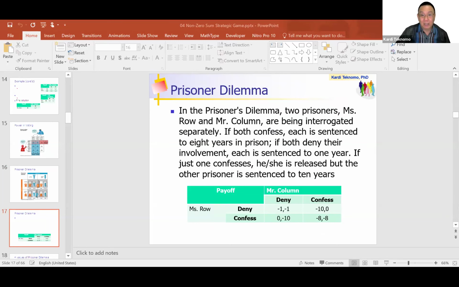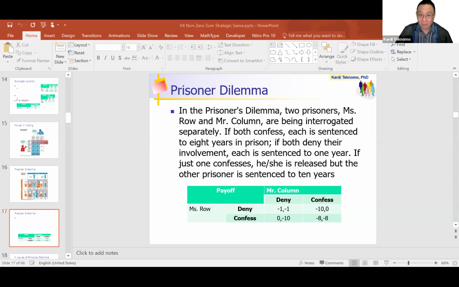So, the story on prisoner's dilemma: two prisoners, Mr. Row and Mr. Column, are being interrogated separately. If both confess, each is sentenced to 8 years in prison, so -8, -8. If both deny their involvement, each is sentenced to just 1 year, this one -1, -1.